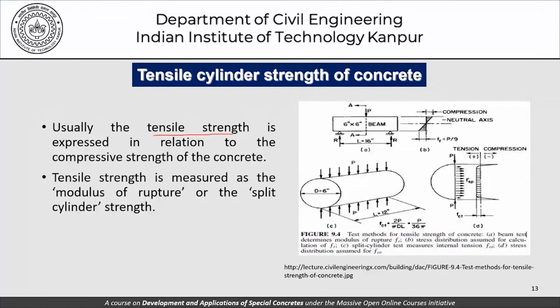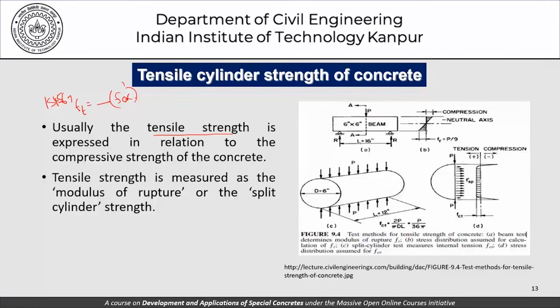So, for example, IS 456 would give you that the tensile strength can be taken to be such and such fck to a certain power and so on and so forth, where this is the characteristic strength. So please be aware of the limitations of this kind of an equation, when it cannot be used and so on.